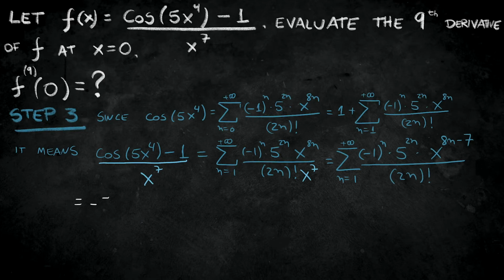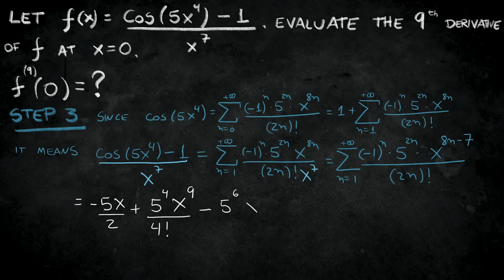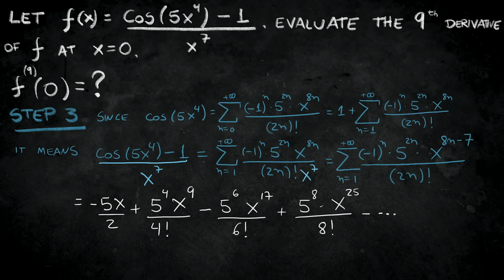Look, the first terms: minus 5 over 2 x, plus 5 to the power 4 x to the power 9 over 4 factorial, minus 5 to the power 6 x to the power 17 over 6 factorial. And then you can keep going. When you apply the derivative, we're going to see what is happening.